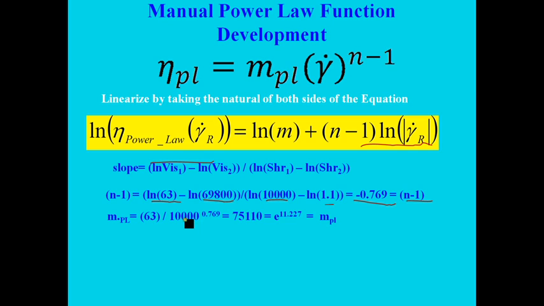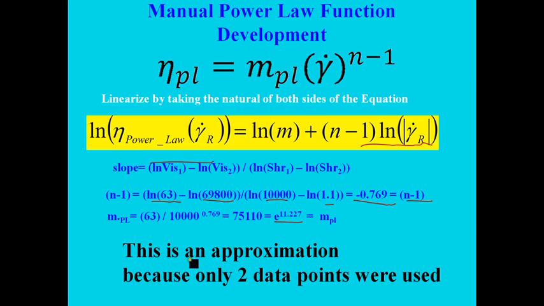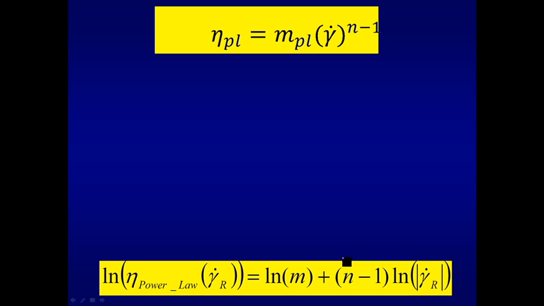We then substitute this back into the equation, and we end up with MPL equal to e to the 11.227. This is an approximation and could be used in the laboratory or when you're out in the field, but only two data points were used, and it's not going to be phenomenally accurate.